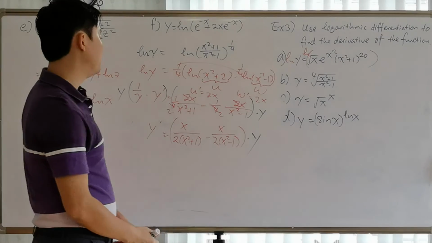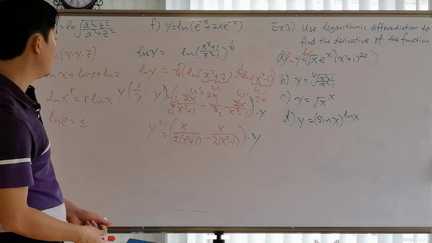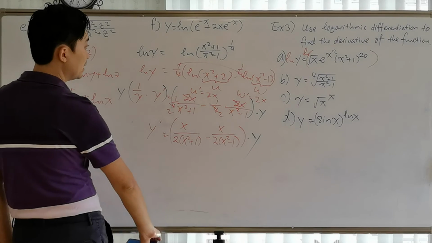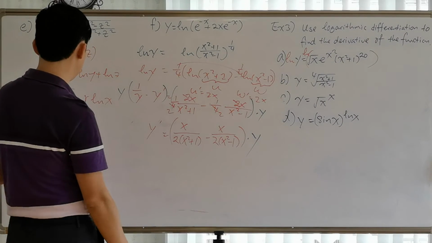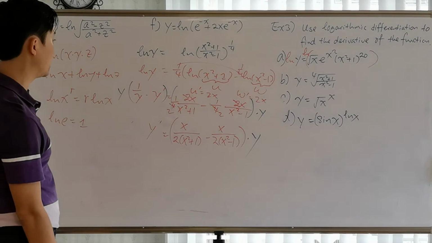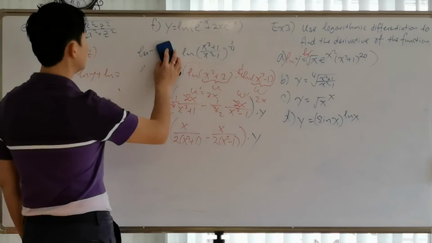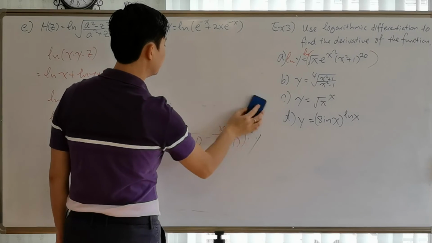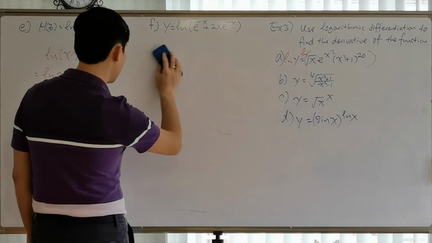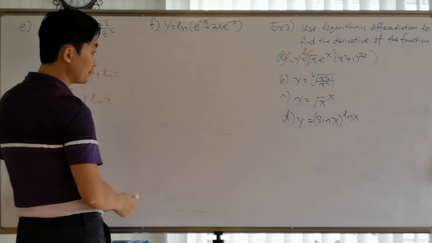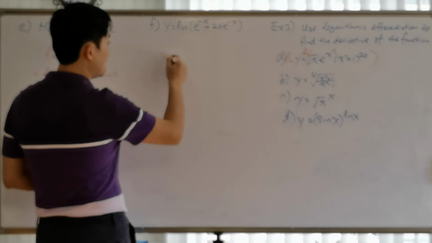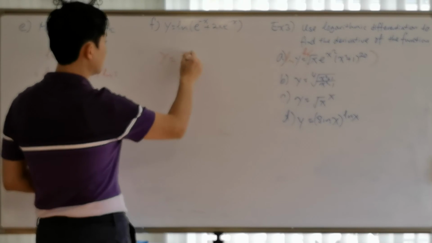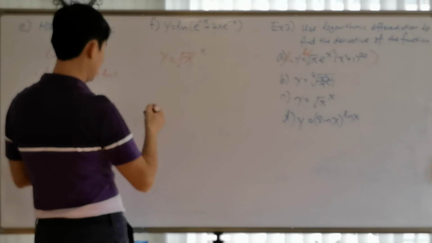So now, what about C and D? What happens once you deal with a power with the variable? Similar situation, we're using the power to coefficient property. So for C, let's check that out. Again, using the natural log property, y equals x to the power square root of x to the power of x.